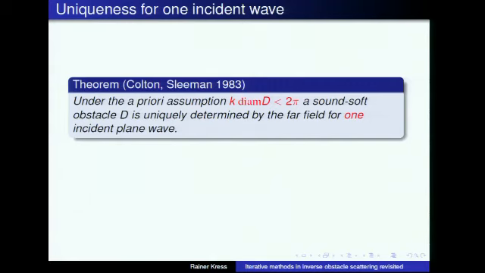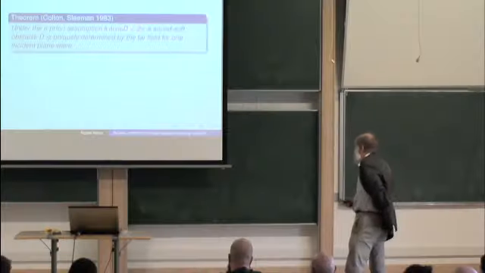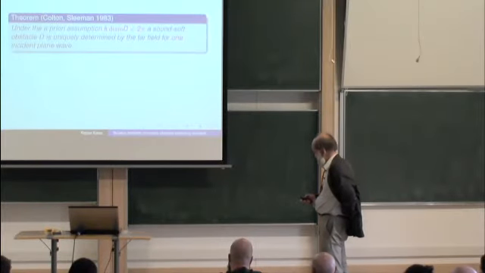So there are uniqueness results available for one incident wave under additional geometric assumptions, namely Colton and Sleeman. This is another classic proof on a certain assumption on the size of the object related to the wave number. Then actually one far field is sufficient to determine the object.